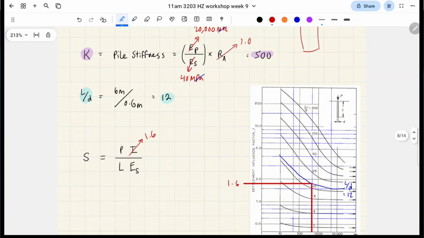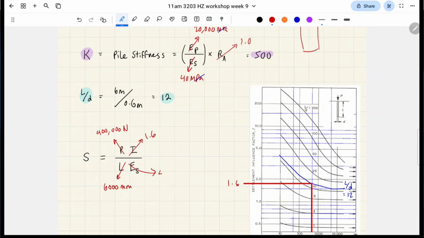So what I mean by that is that we were told that we had a pile loading of 400 kilonewtons, so we should convert that to newtons again. Right? 400,000 newtons. For L, that's the length of the entire pile. We want this in millimeters, so instead of 6 meters, we want millimeters, okay?